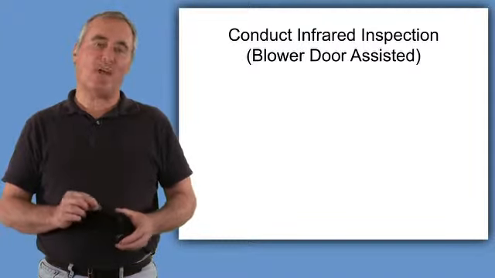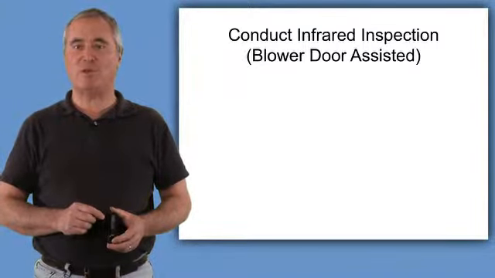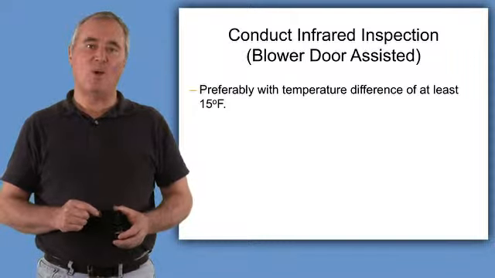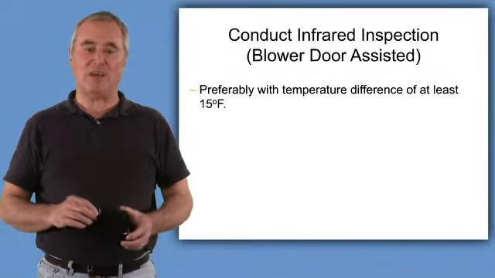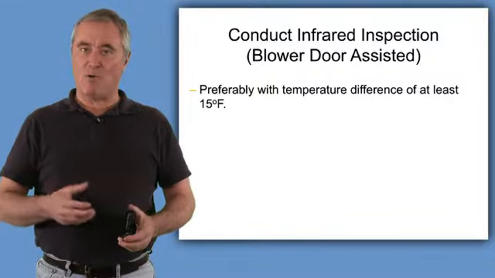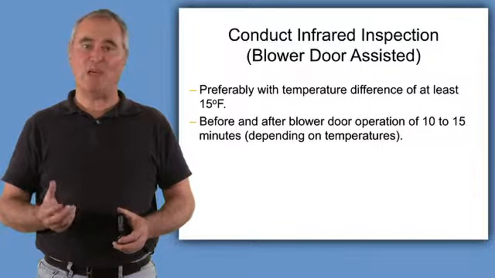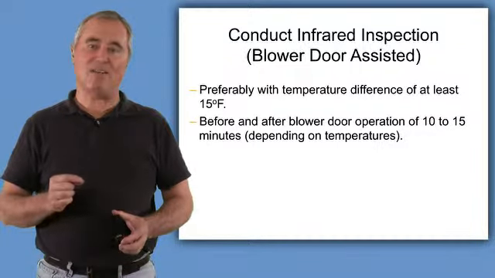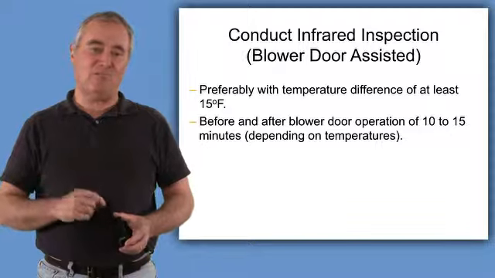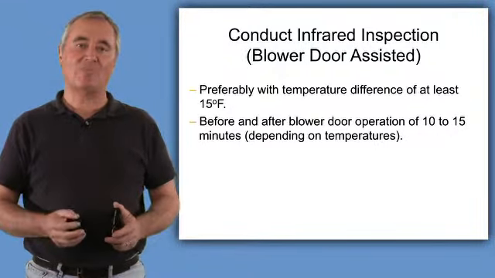The very best way to identify air infiltration paths is to use our infrared camera. We slightly depressurize the building using a blower door, exhausting air from the house, and we do that for several minutes when we have at least 15 degrees Fahrenheit temperature difference between inside and outside.